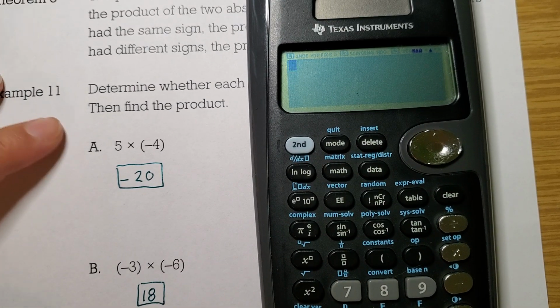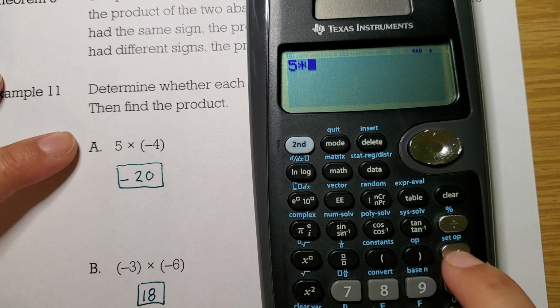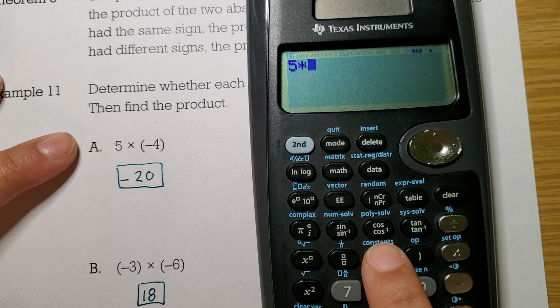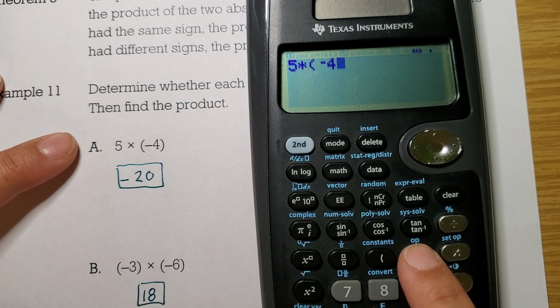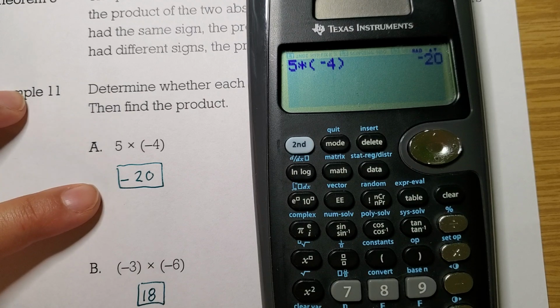So for part A, I'm going to do 5 times, and you don't need the parentheses, but I'll put them in. So I have parentheses, -4, parentheses, and we get -20. And just to show you that we don't need them, I could do 5 times -4 and still get -20.